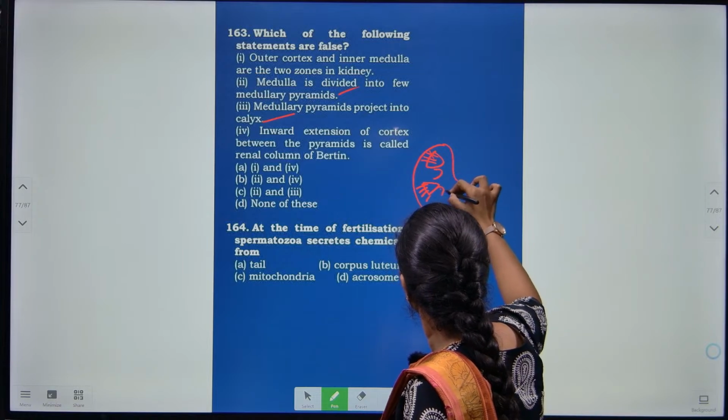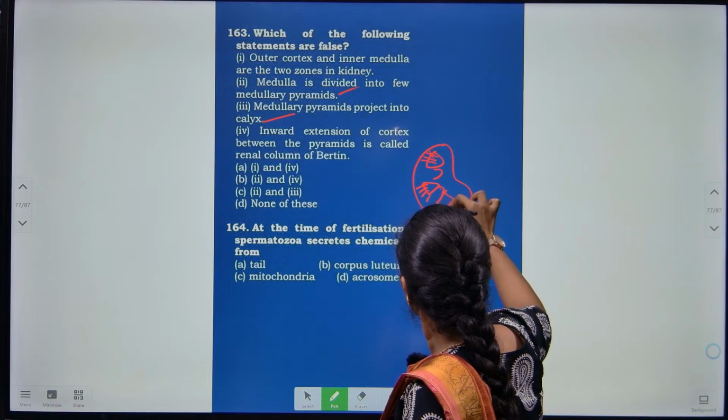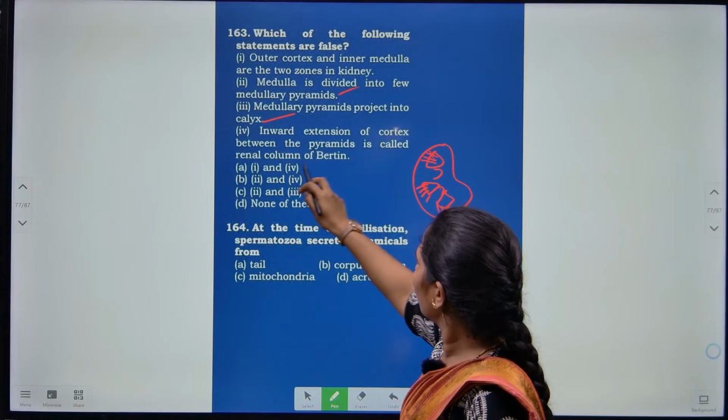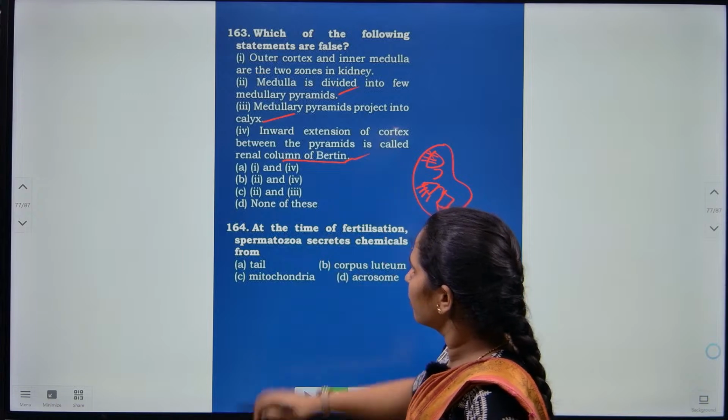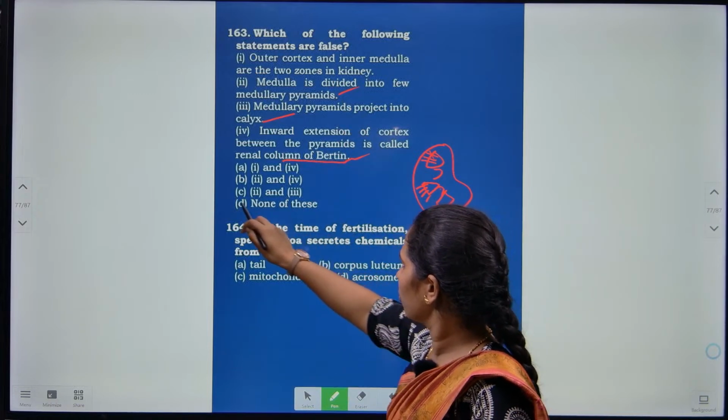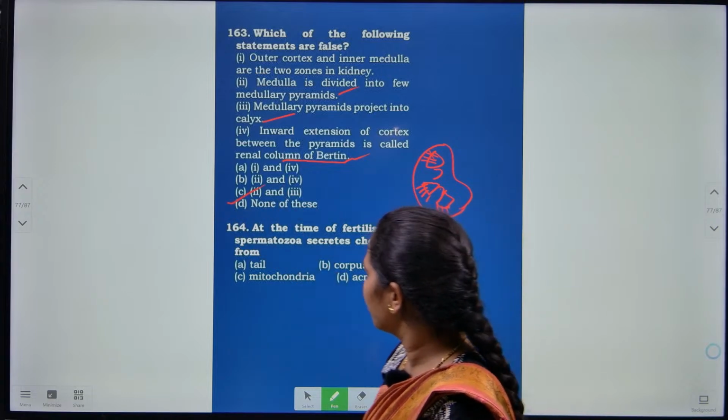And the inward extension of the cortex between the pyramids is called the renal column of Bertin. So here all the statements are true, so the option will be none of these.